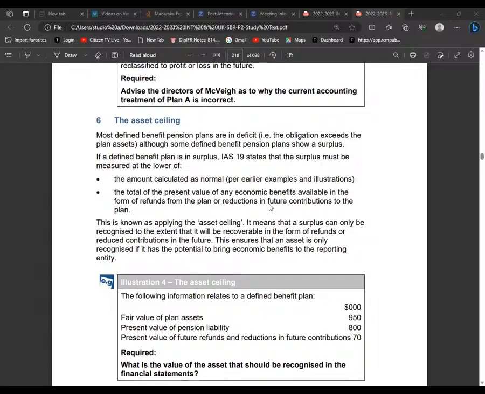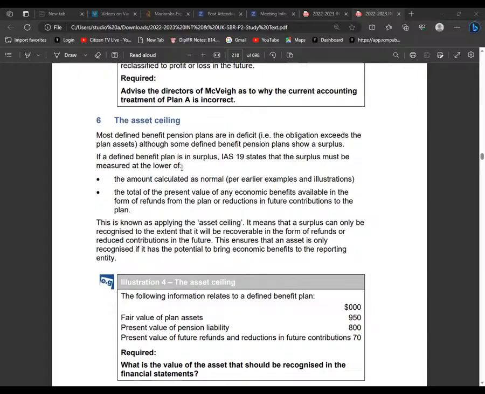So you're being told here, asset ceiling: most defined benefit pension plans are in deficit. The obligation exceeds the plan assets, although some defined benefit pension plans show a surplus.